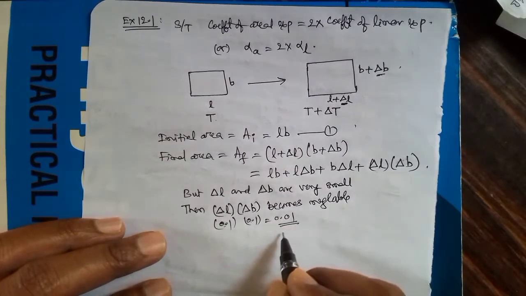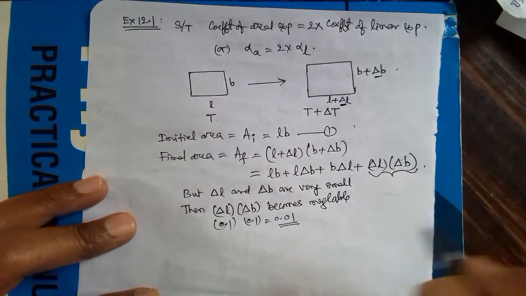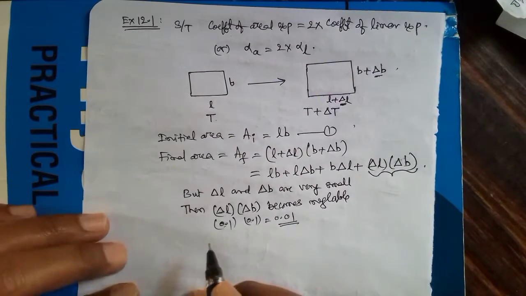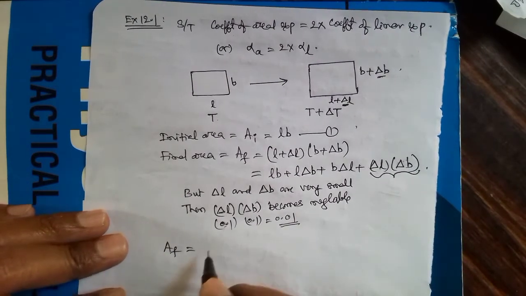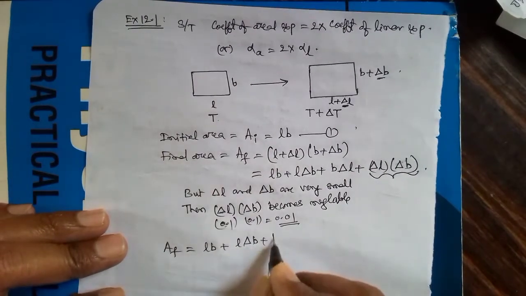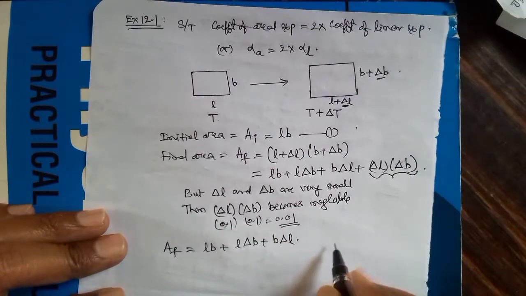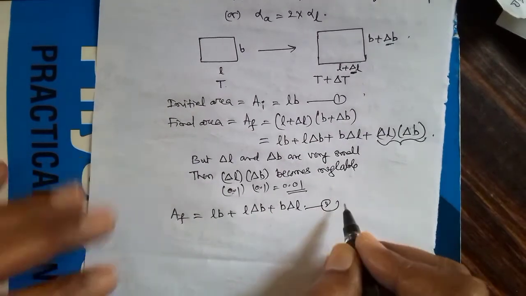Negligible this is. That's why this is negligible. So we write final area as LB plus L delta B plus B delta L. So this is the second equation.